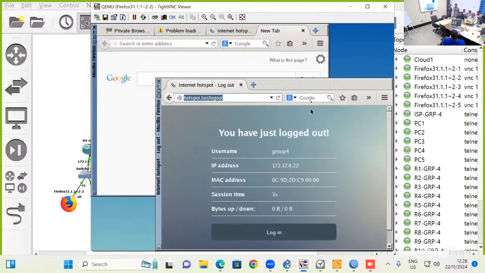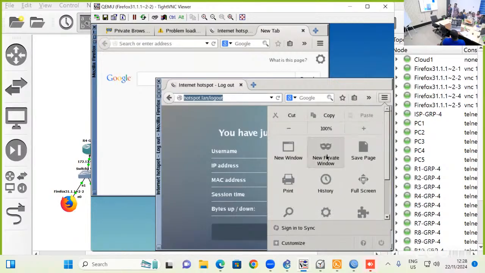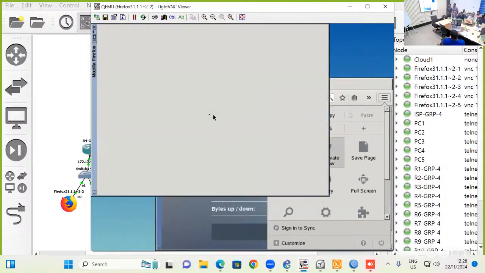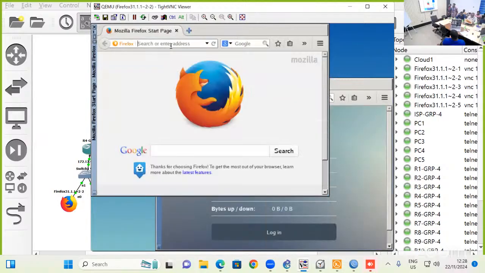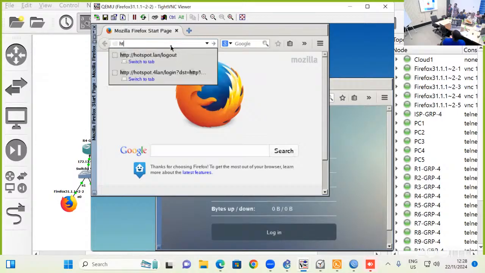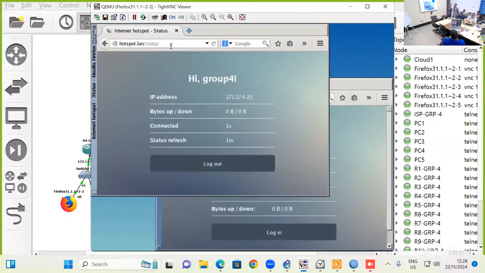I did a whole lot of configuration, so I changed it later. Okay, let me see if I can get that login page. Hotspot.lan. Okay, it's forcing us to log in. I can see that it's working. I have logged in with group 4.